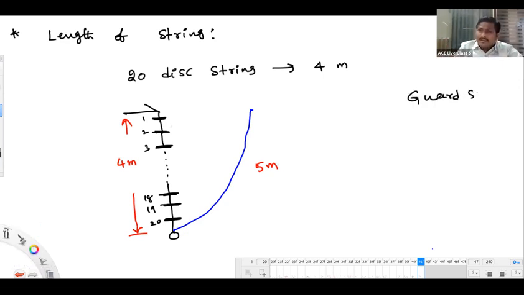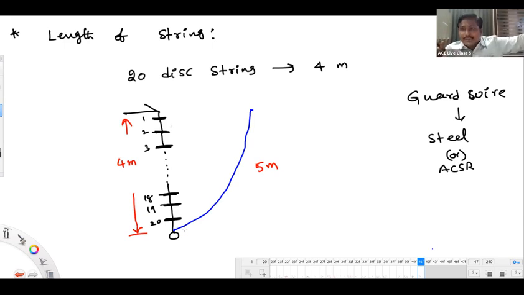Maybe steel, or sometimes simply ACSR conductor is also used. As you are using hundreds of kilometers of transmission line wire, this 5 or 6 meters of guard wire may not make a huge cost difference.